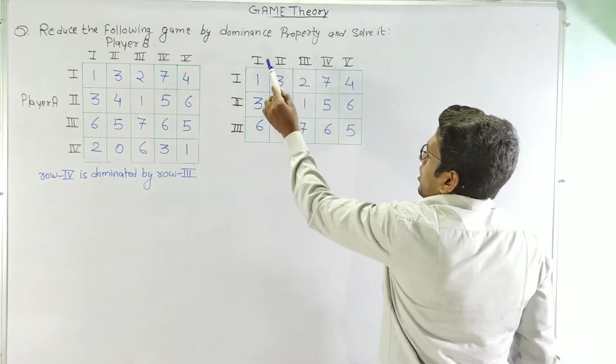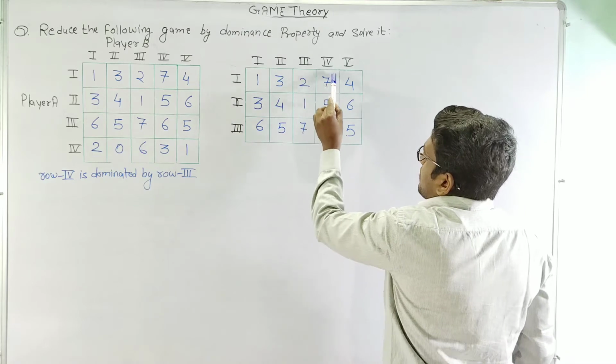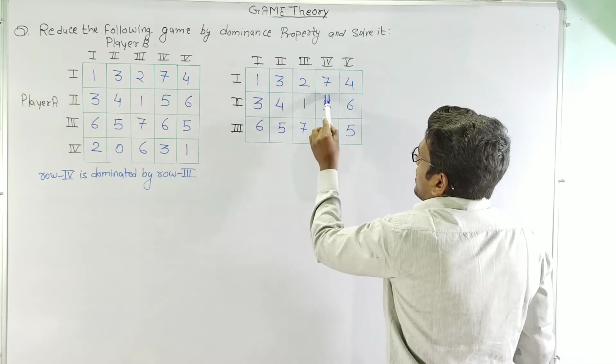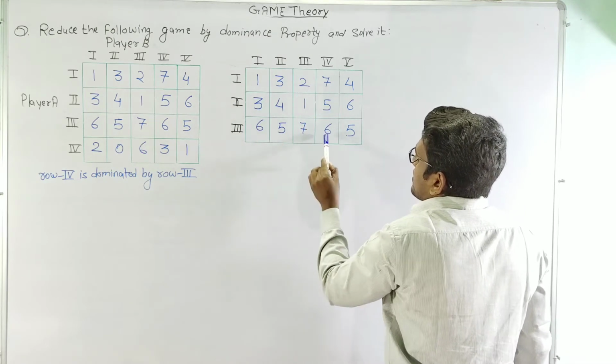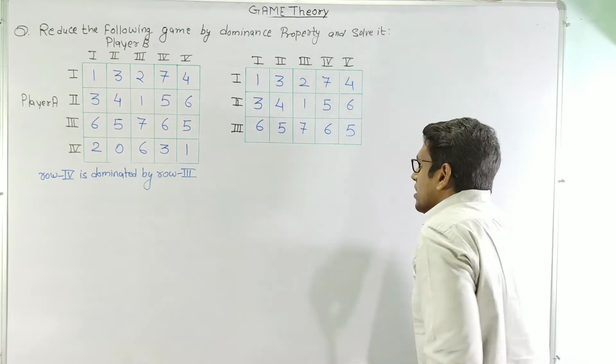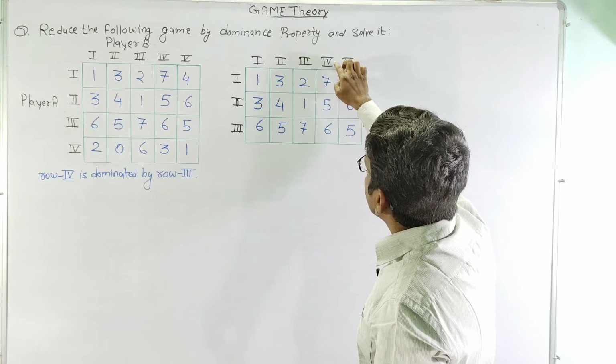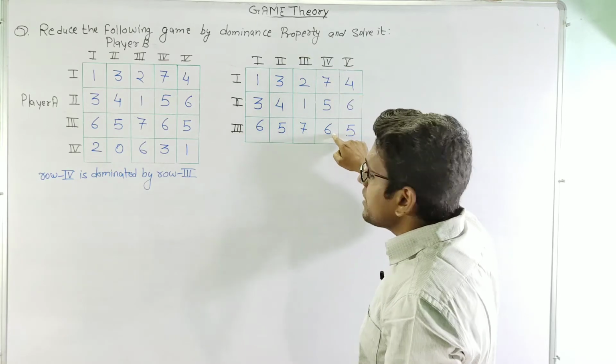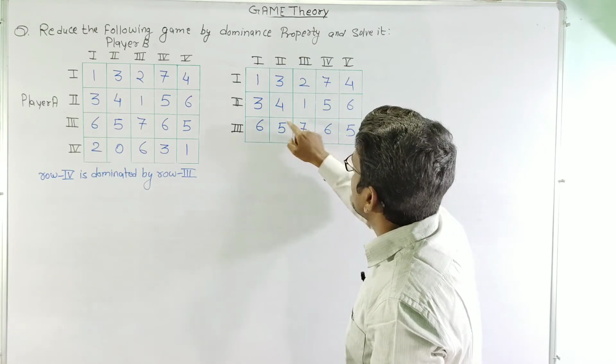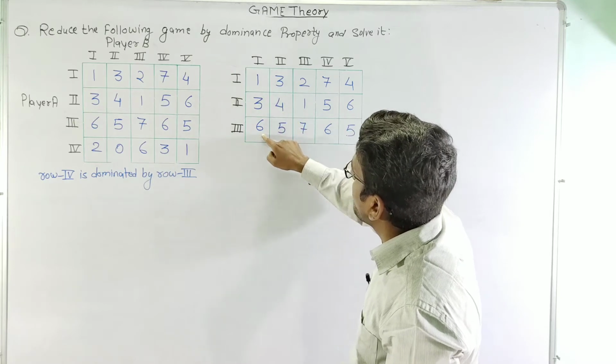Now let us compare column 1 and column 4. So 7 is greater than 1, 5 is greater than 3, and 6 is equal to 6. So among these we can see that each element in column 4 is either greater than or equal to each element in column 1.